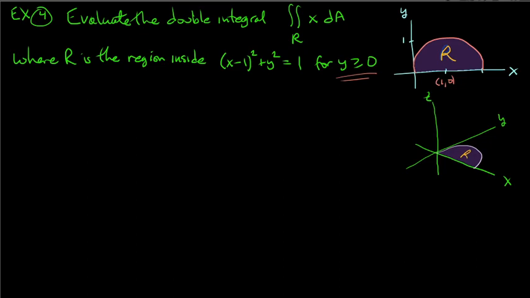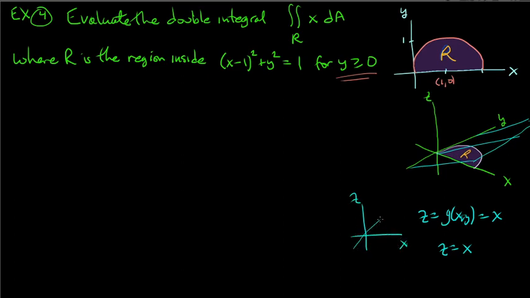So what we're getting is going to be a volume, right? If we graph the function z as a function of x and y, it's just x. So what is z equals x? It's a plane that's going to be kind of tricky to graph here. It's the plane that goes up like this, 45 degrees, z equals x, coming right out of the plane.